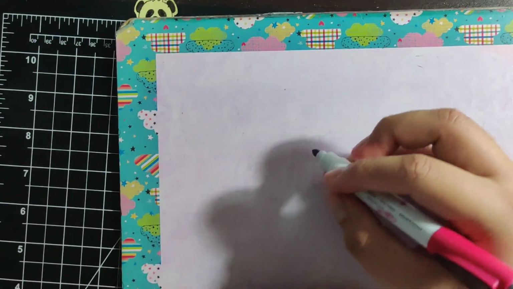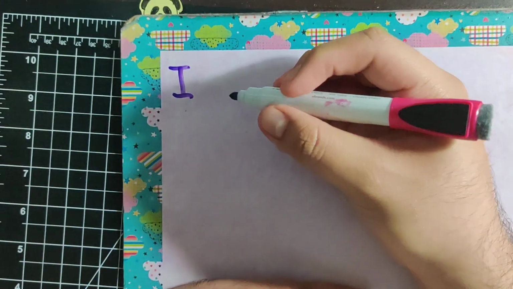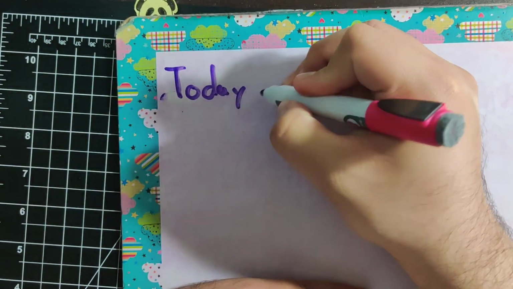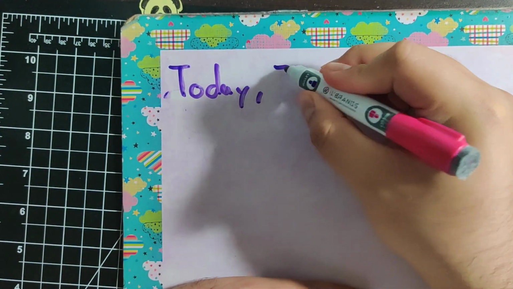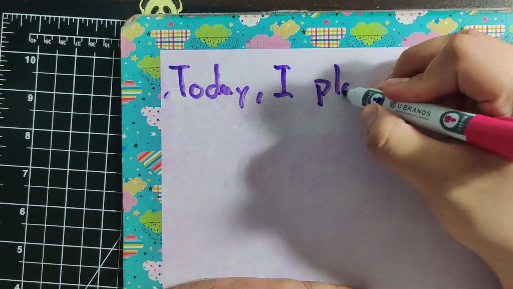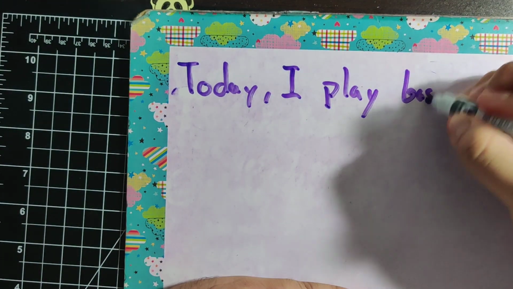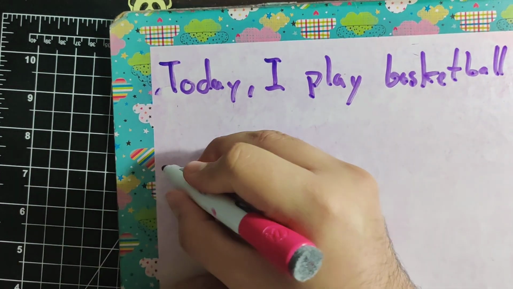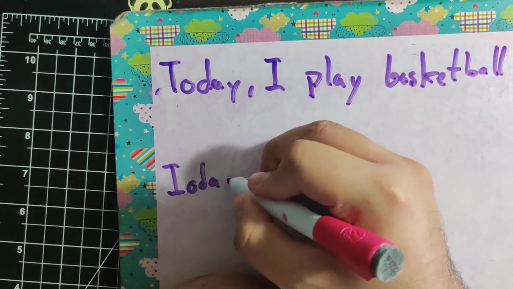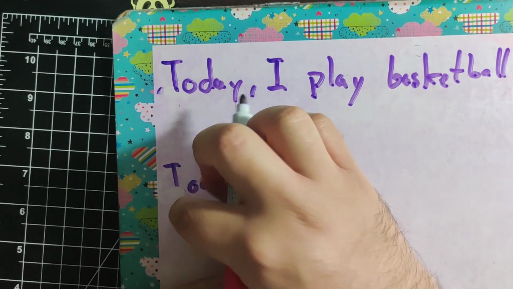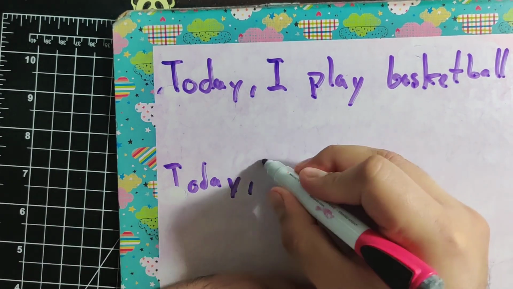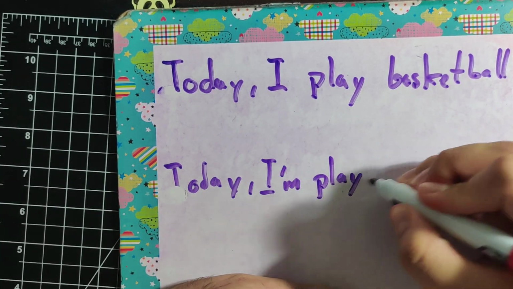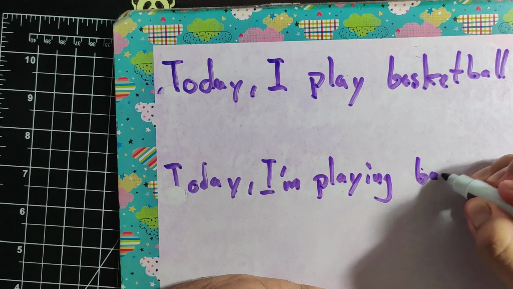For example, there's a big difference if you want to say today I play basketball to today, why do I keep on putting an I? I'm sorry. Today, I'm playing basketball.